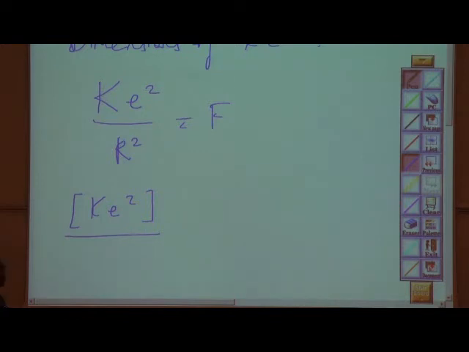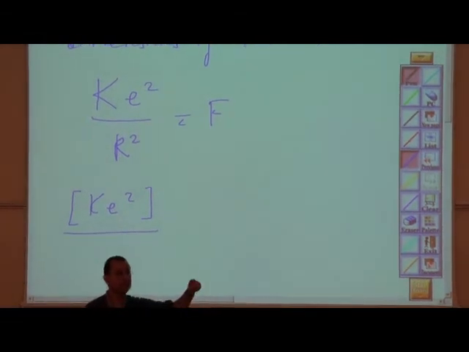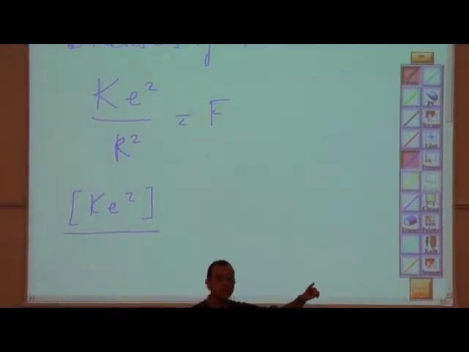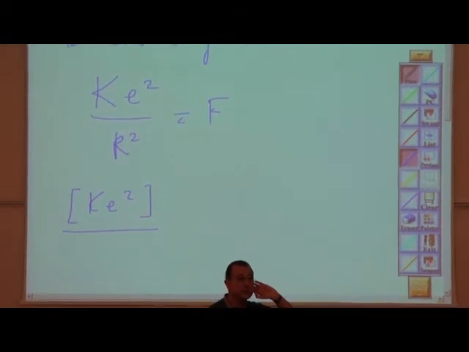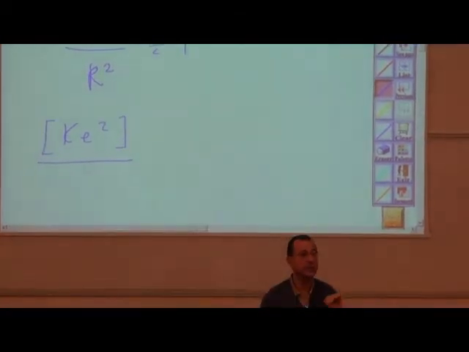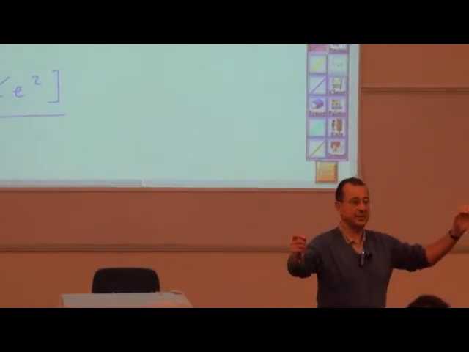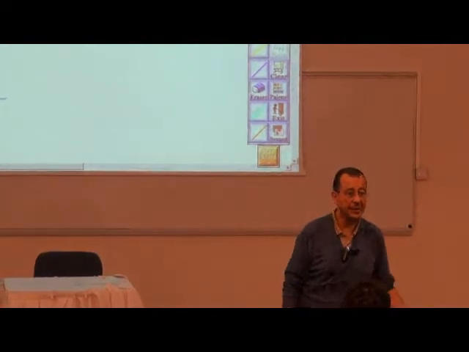I just introduced r. r is the distance between the electron and the proton. So what's this dimension? It's a length.